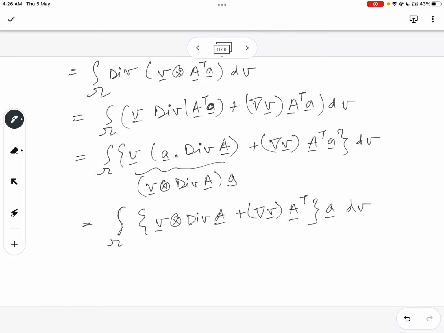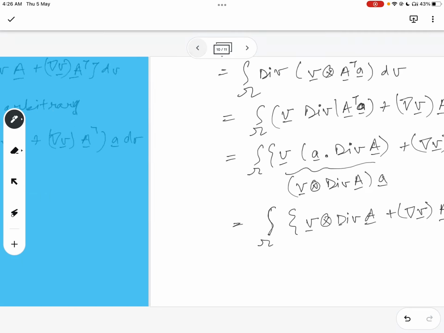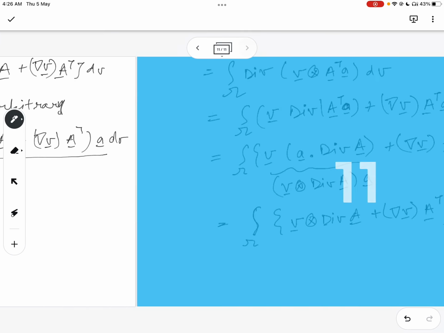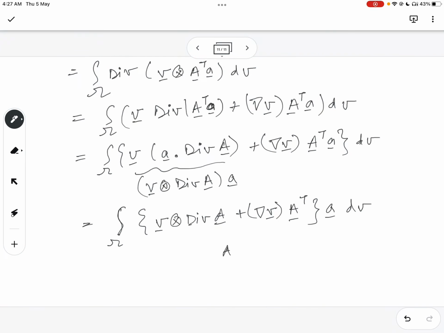And this is the same as the right hand side. And as a is arbitrary, the LHS is equal to RHS.